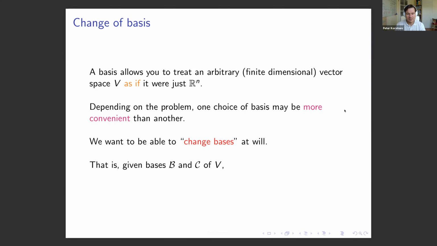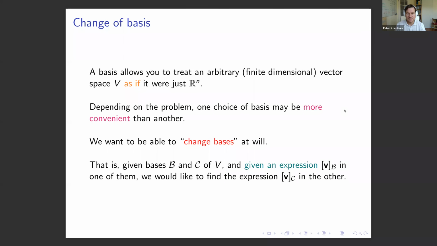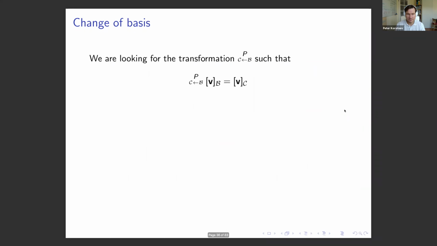That is, given bases B and C of V, and given the expression v_B in one of them, we would like to find the expression v_C in the other. So let's see how this works out.